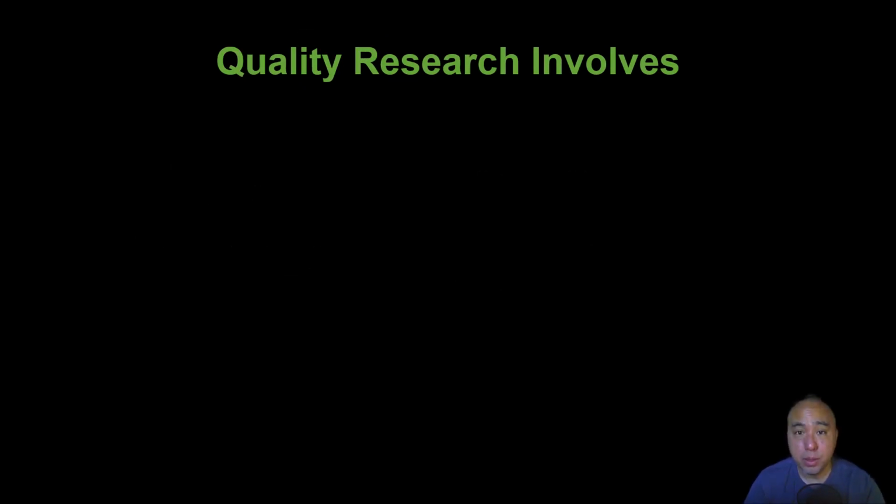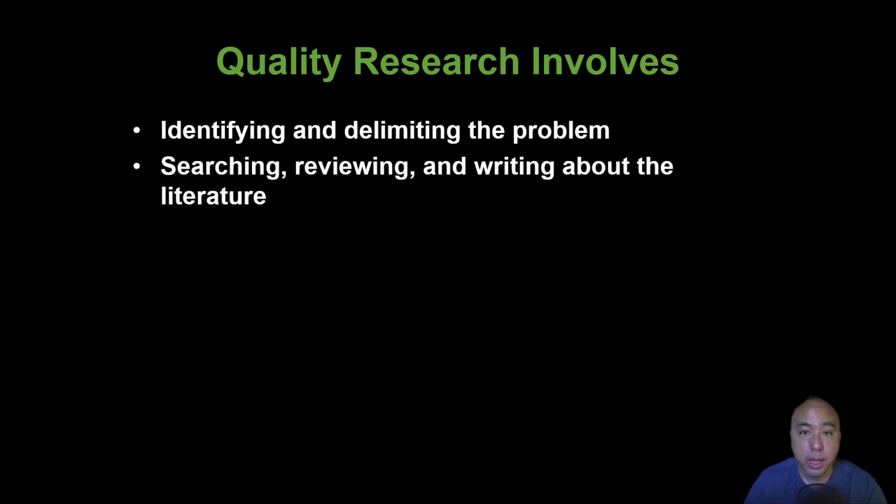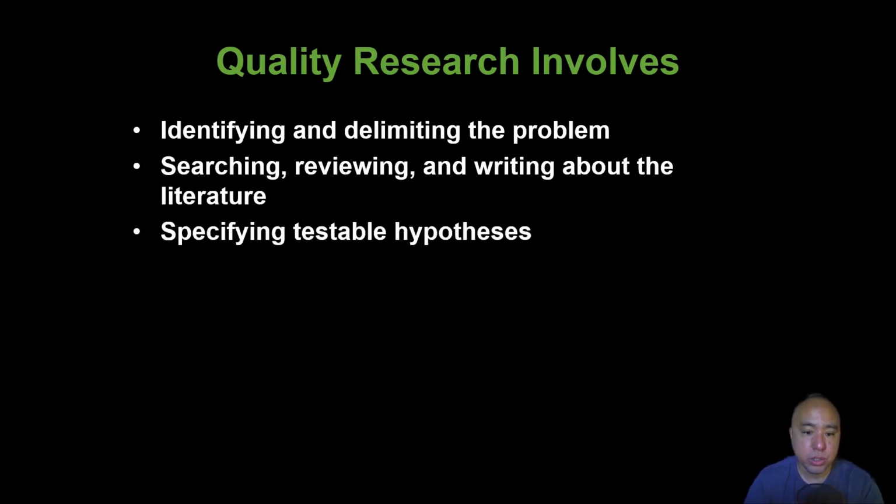Those are the steps of the scientific method in which quality research is performed. So these steps could also involve identifying, delimiting the problem, the research question, identifying what's out there in the current literature, what evidence has been published in the last few years that either support or perhaps are inadequate in providing evidence for answering your research questions.